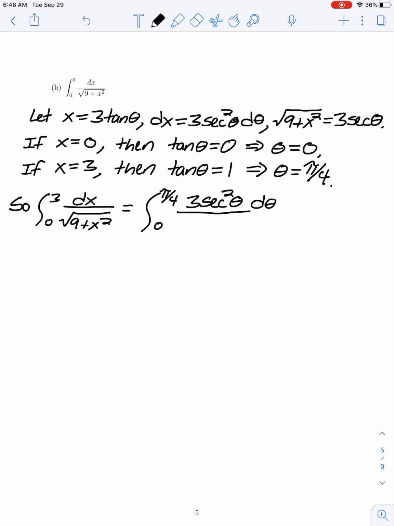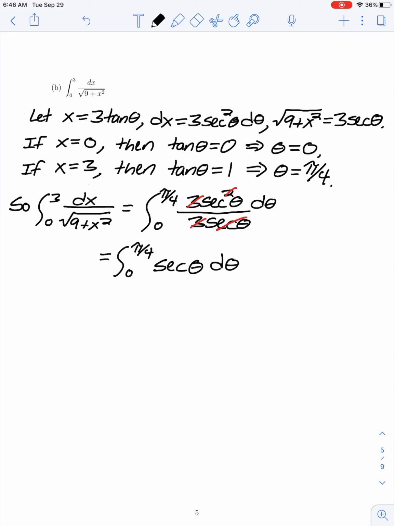And then we were dividing by the square root of 9 plus x squared, which is 3 secant theta. So of course, one factor of 3 will cancel, and we can cancel 1 power of secant theta, and we're left with the integral from 0 to pi over 4 of secant theta d theta.